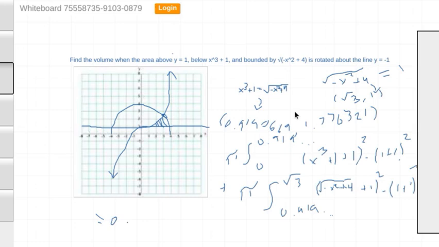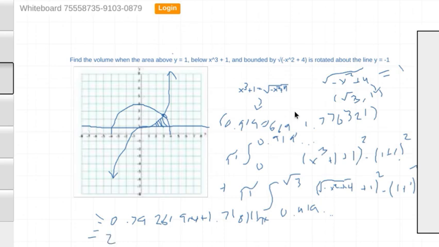So if we plug this into our calculator, we get 0.792619 pi plus 1.718111 pi.